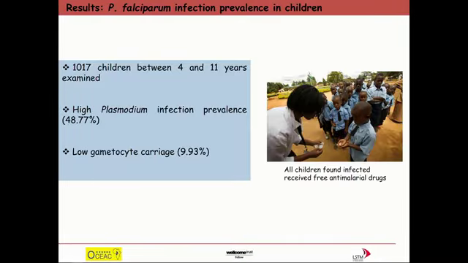Regarding Plasmodium infection prevalence in children, as I said, we examined 1,017 children between 4 and 11, and we observed a high prevalence of infection in these children, around 50%, but the gametocyte carriage was low.